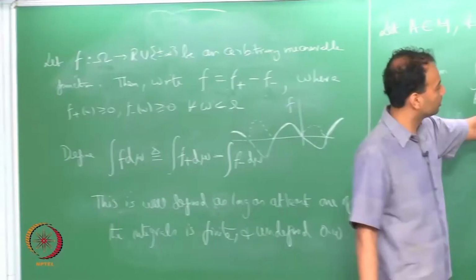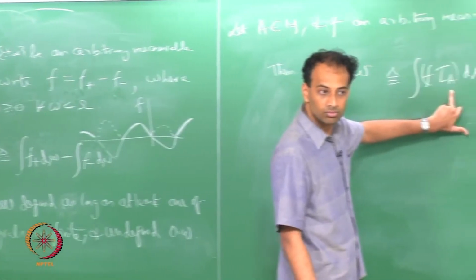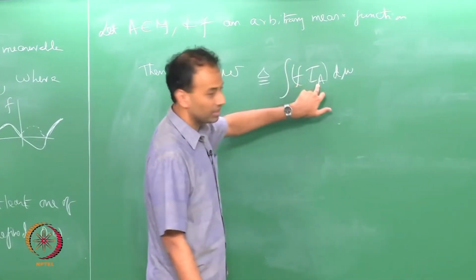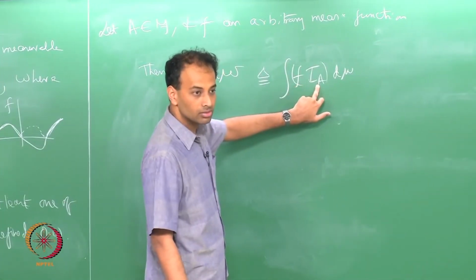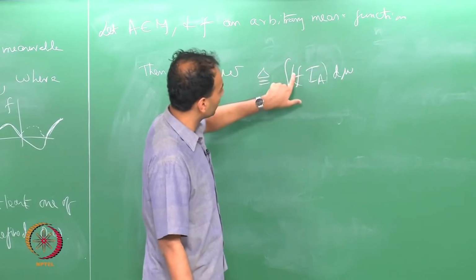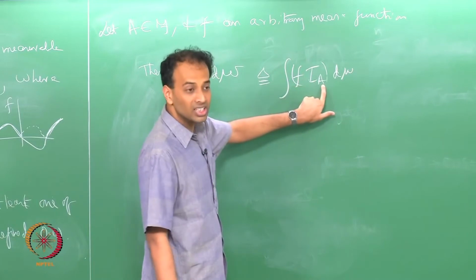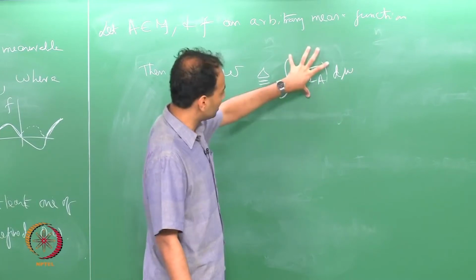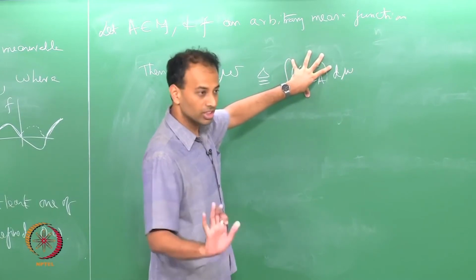What does this mean? This is the product of f and the indicator of A. So, this will take value f whenever omega is in A, otherwise this integrand will be 0.